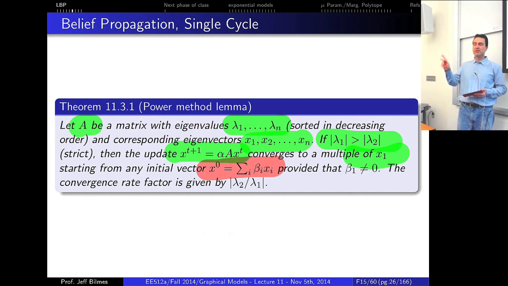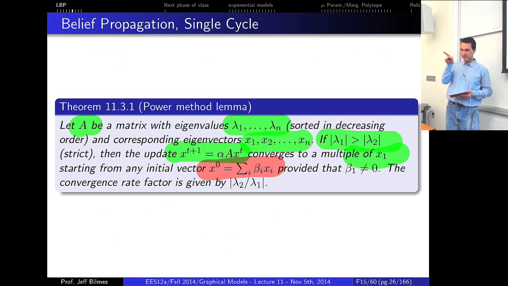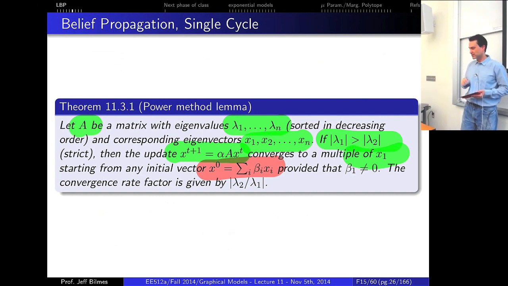In other words, as long as beta 1 is not 0, so that you're at least spanning that direction of that first eigenvector.